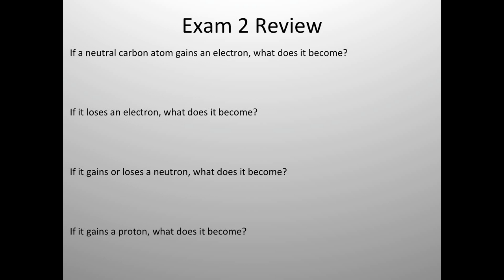So when you have the same number of protons and electrons, you have a neutral atom. If you gain one more electron, that means you're gaining a negative charge, and you end up with a negative carbon ion. It is still carbon, but it is just a charged atom now. It's a carbon atom with a net charge called an ion.